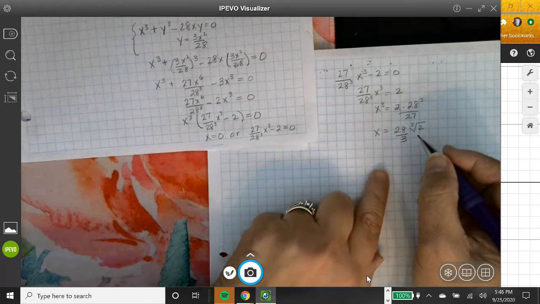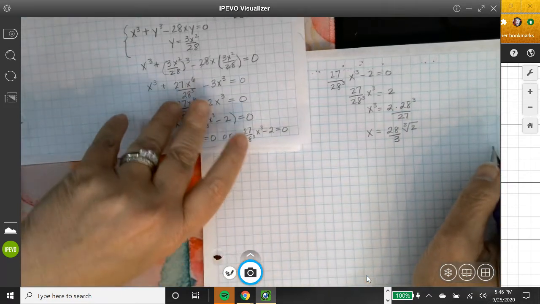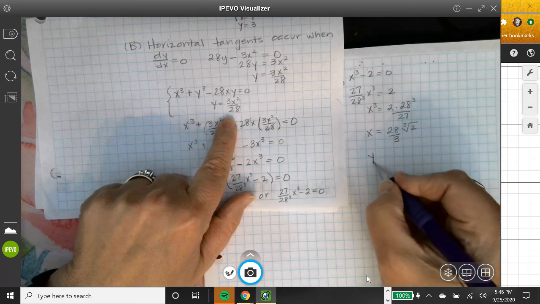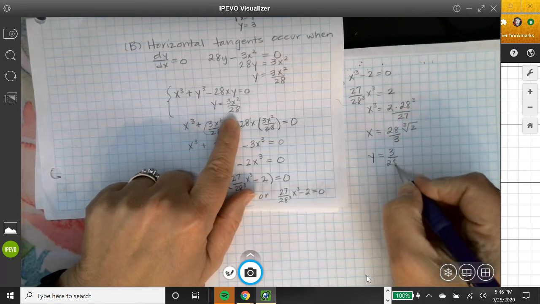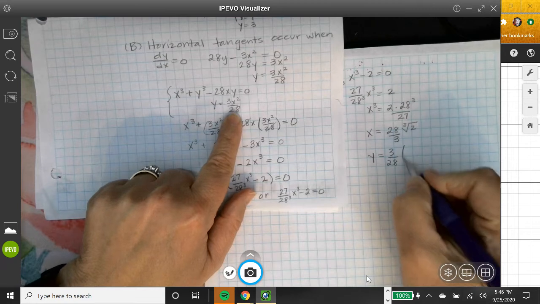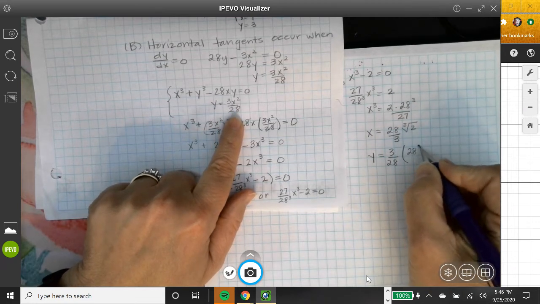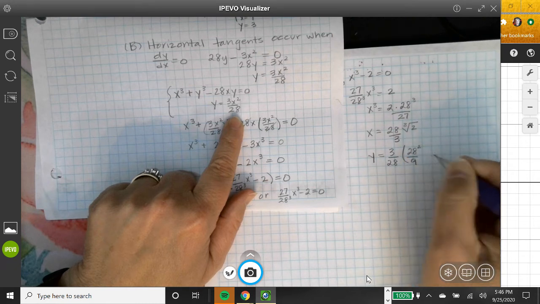Now how do I find out what the y is that goes with this? Well, I'm going to take it back to the original system and say, well, y has to be 3 over 28 times my x value squared. So this is going to be 28 squared over 9, because I'm squaring the 3.